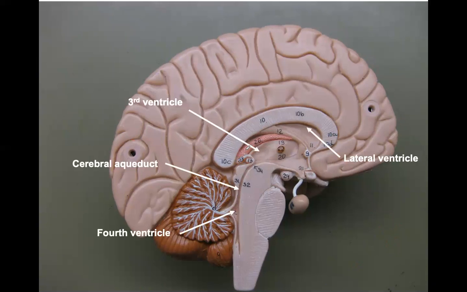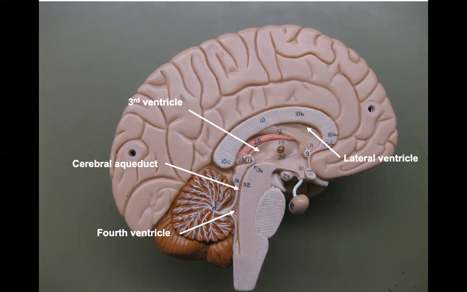Now, within your brain and around your brain, there is a fluid called cerebrospinal fluid. If it's around the brain and the spinal cord, it flows within a space called the subarachnoid space, which is between the two layers of meninges. However, if it's inside your brain, it runs inside the ventricles.